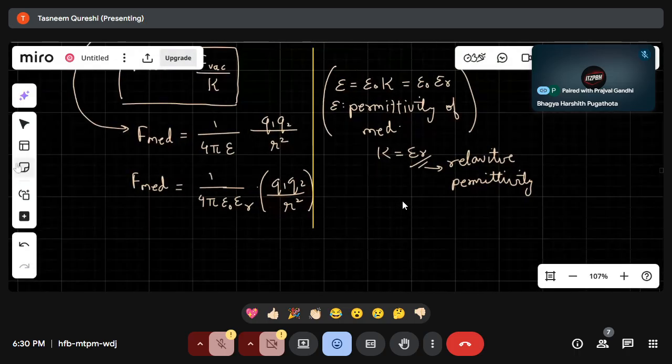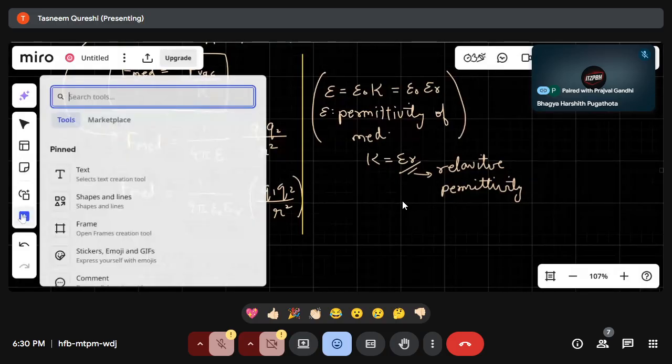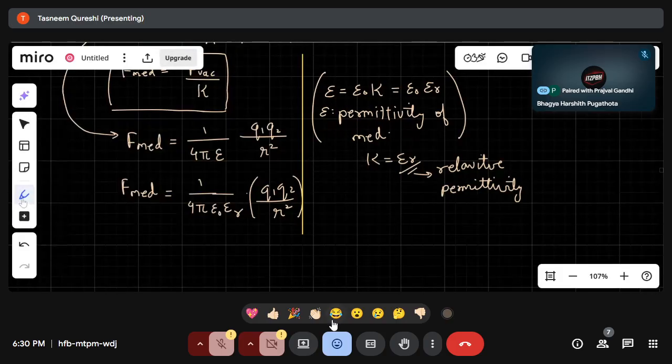So if you look here at these terms, I want you to look here.